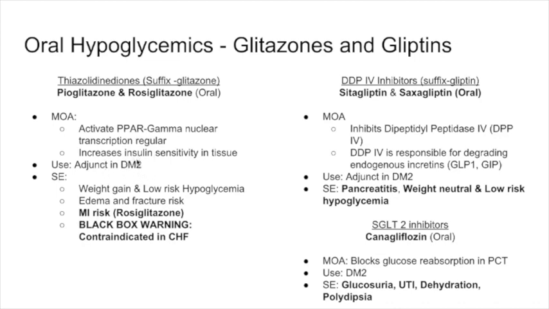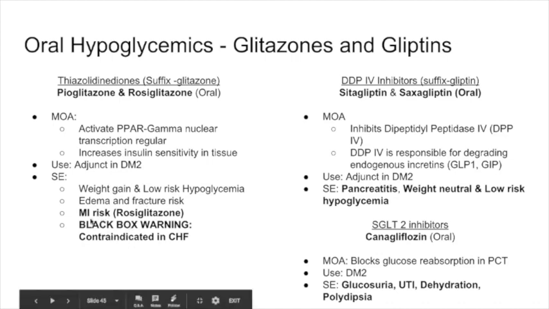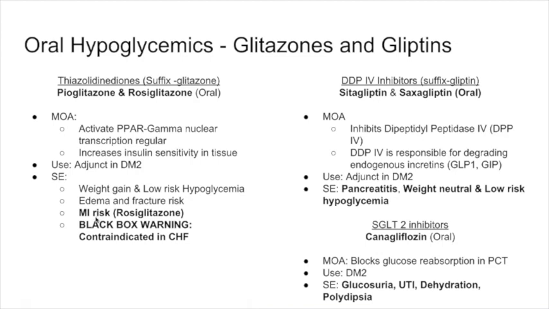It's used as an adjunct in type 2 diabetes. The one thing that I want you to be aware of with these medications is that they're cardiac risk factors. They have a risk for myocardial infarction, and they're also contraindicated in congestive heart failure, and there's a black box warning. So that's the one thing that test examiners can test you on.